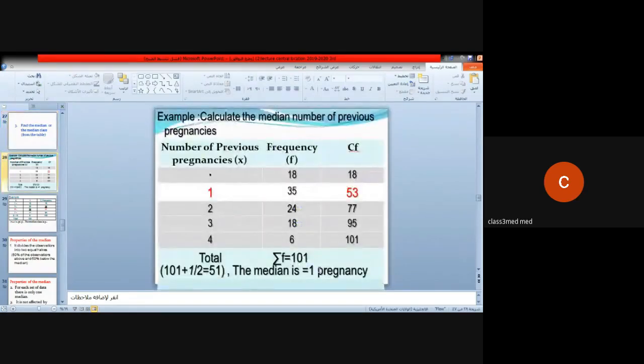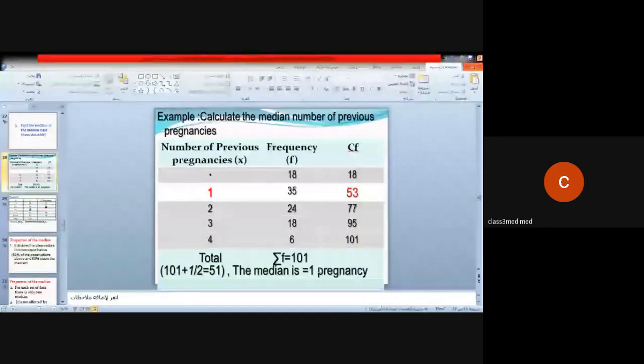So we go back to the example for calculation of the median for tabulated or grouped data, the same previous example. We have the number of previous pregnancies.